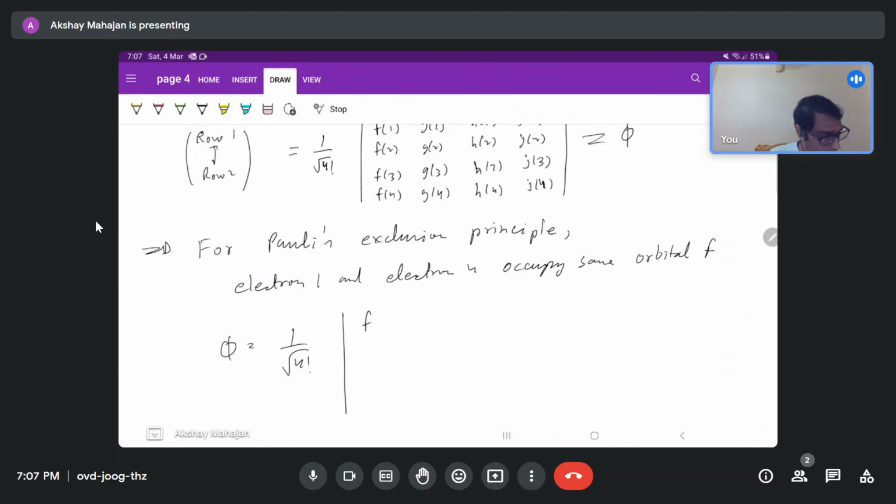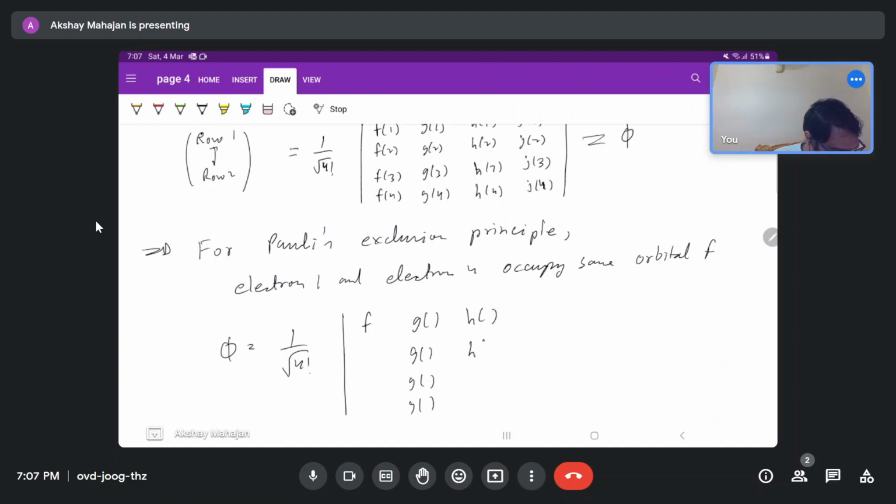So what you will do, since electrons 1 and 4 are occupying the same orbital, we keep the second and third columns the same, whatever phi was.